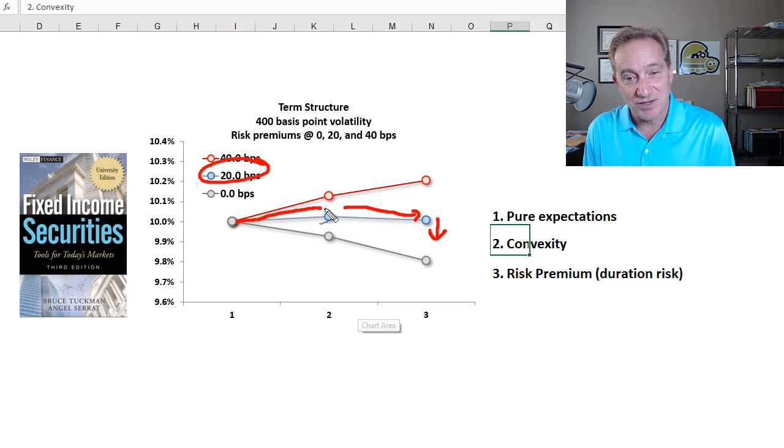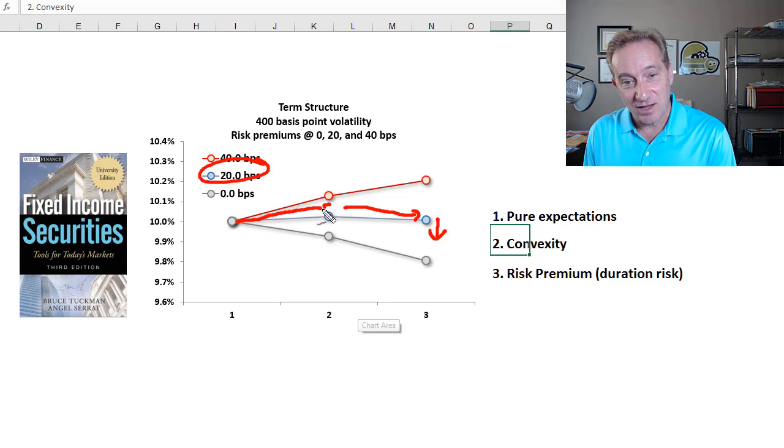So I think the most interesting one here is the middle, where we have a modest charge for the risk premium of 20 basis points, relative to expected future spot rates of 10%, which under pure expectations would imply a flat line. We add the risk premium. That's going to introduce upward slope into the term structure.